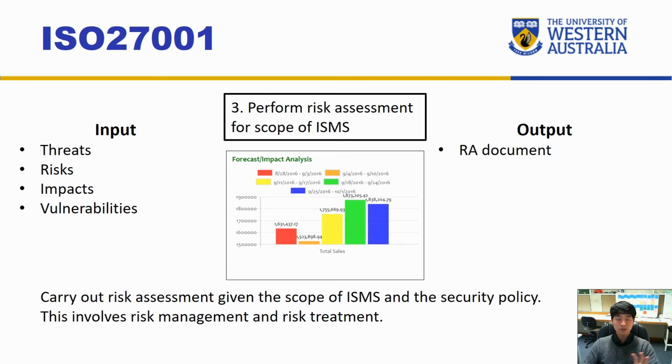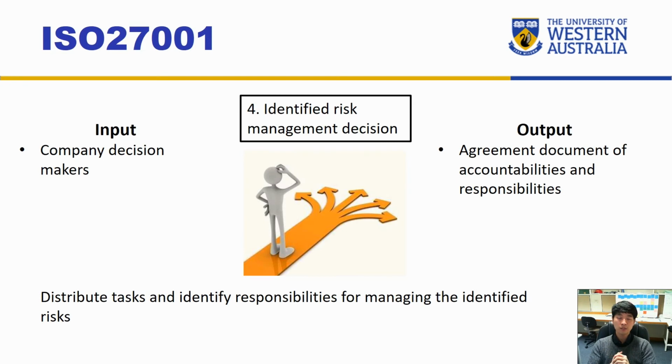So once we understand about our security posture, we can move on to the next step by identifying the risk management decision. Okay, so what are we going to do about the risks that we highlighted?